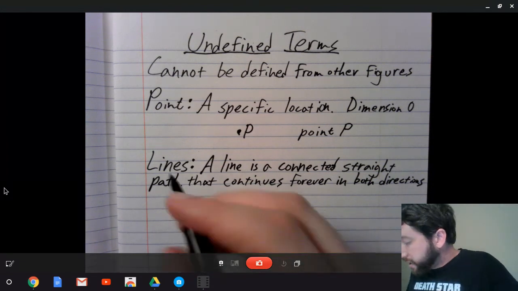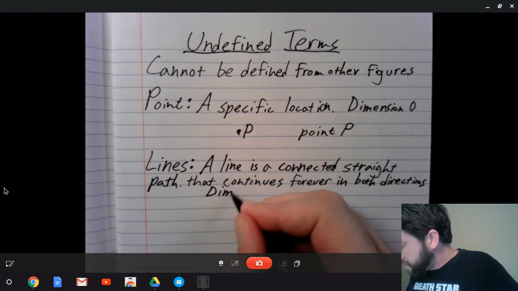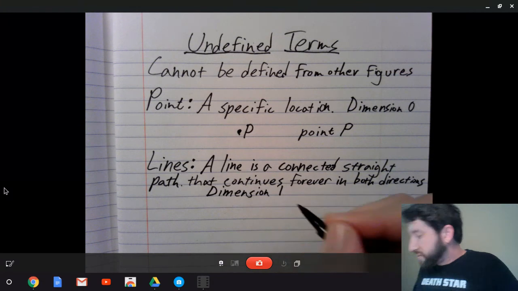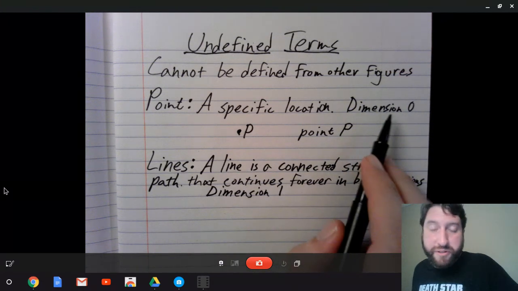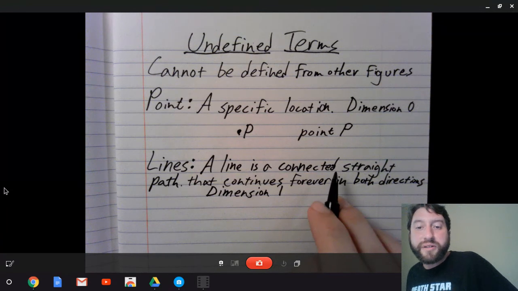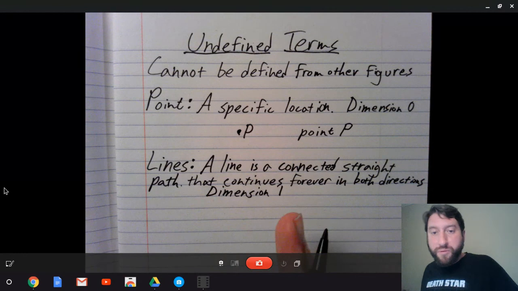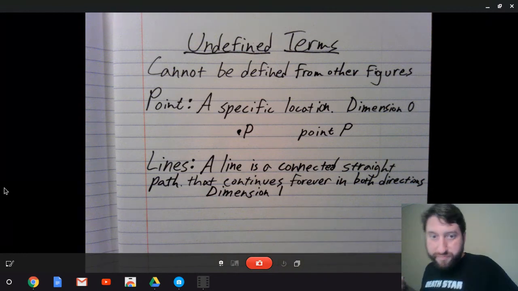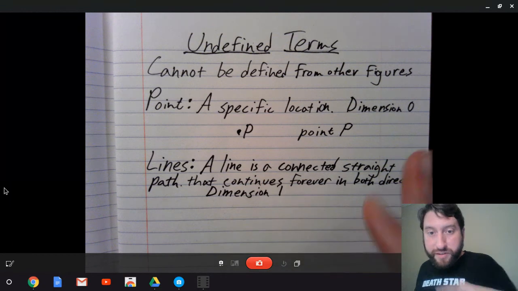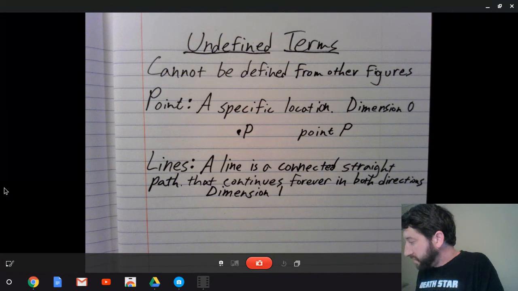And I would say that that has a dimension of 1. So before we had 0 degrees of freedom. Now with a line, I have 1 degree of freedom. It's either left and right, it's either up or down, or forwards or backwards. And I can say left and right and say that it's just one because it says forever in both directions.